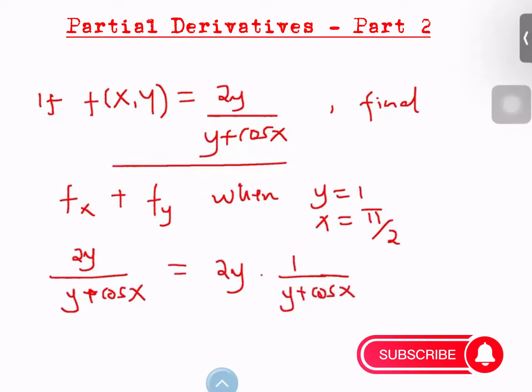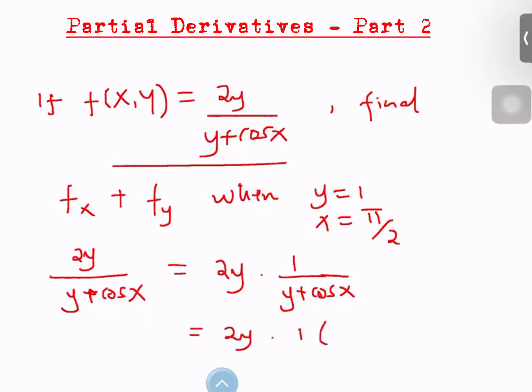Now, this again is the same as 2y multiplied by 1 into y plus cos x power negative 1.